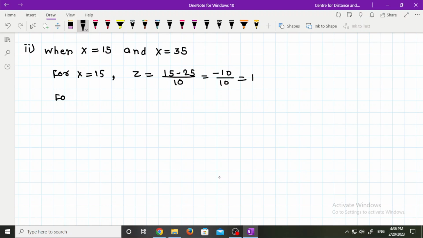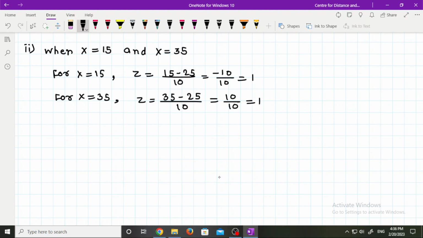And for x is equal to 35, z is equal to 35 minus 25 divided by 10, which is 10 divided by 10, equal to 1.